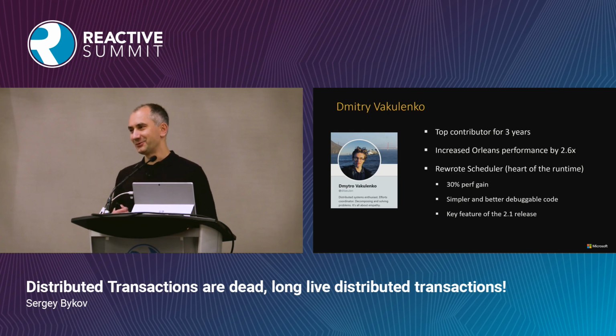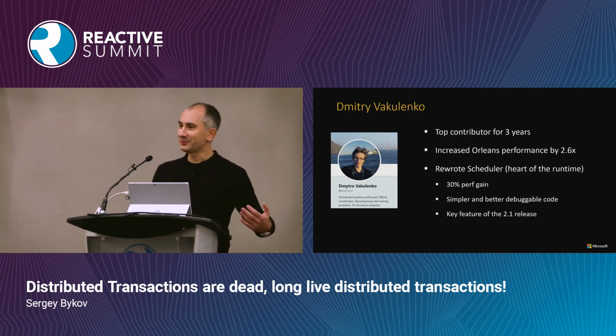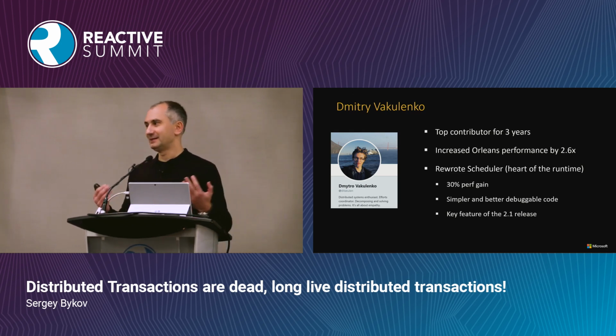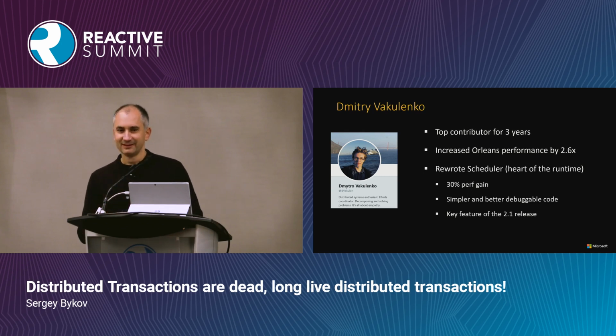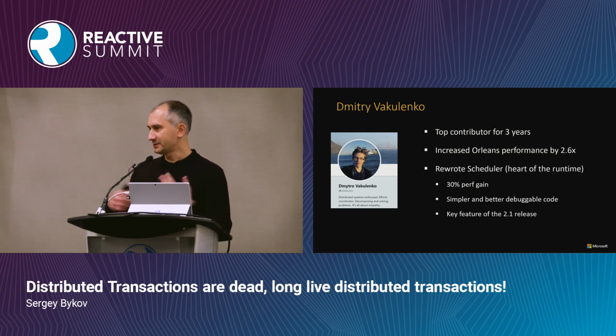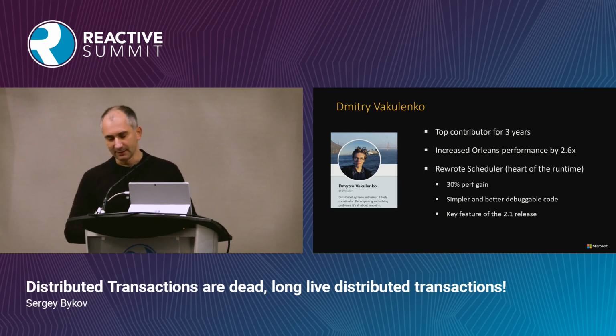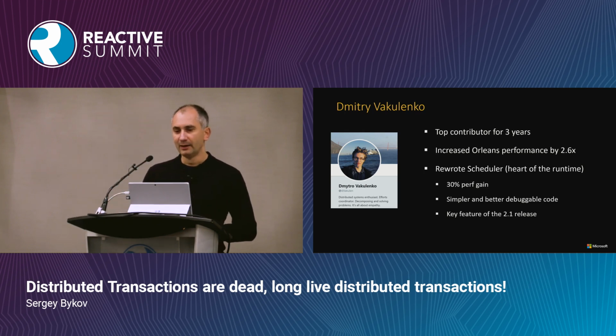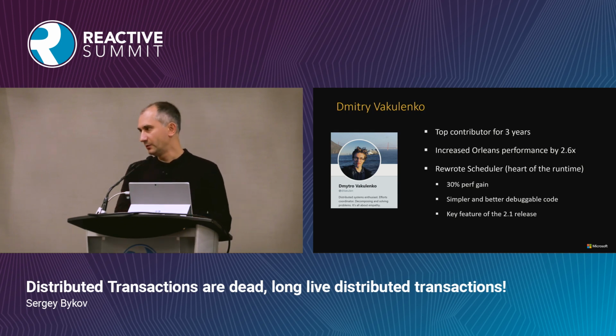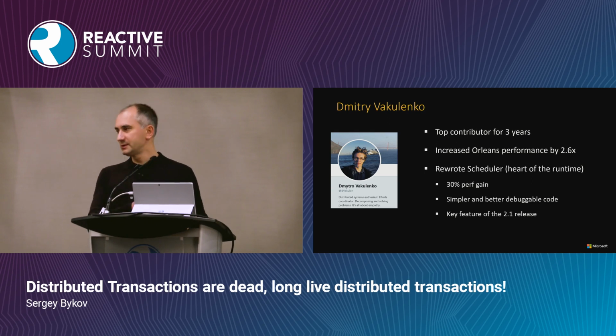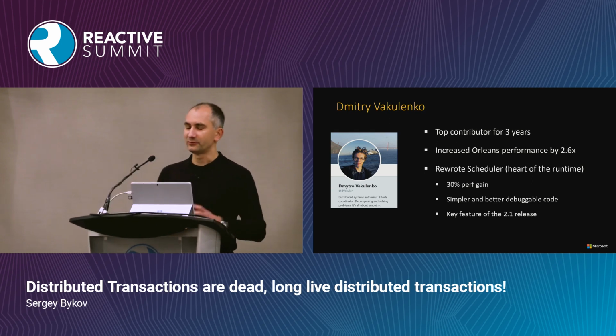It's so fragile, so core. And he submitted a pull request that makes it 30% faster and much easier to debug because it uses the TPL in a different way. So we looked at it. We were scared to ship it as part of 2.0, but we released 2.1 a few weeks ago. That was the biggest change there, the new scheduler, and it improved throughput by 30%.